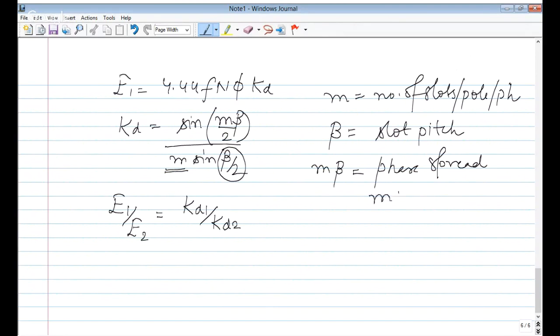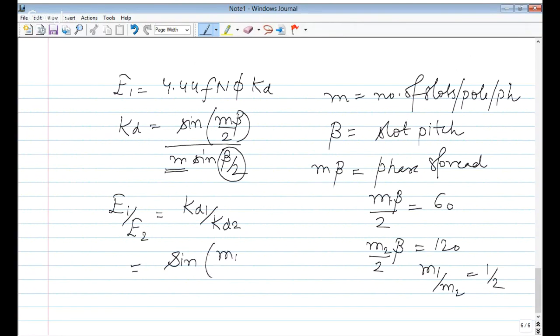So in one case, m1 beta by 2 is 60 degree and m2 beta by 2 is 30, which means m1 by m2, if you take the ratio, is half. Now Kd1 by Kd2 will be sine m1 beta by 2 by m1 into m2 by sine m2 beta by 2. Okay, sine beta by 2 will get cancelled because beta remains the same.